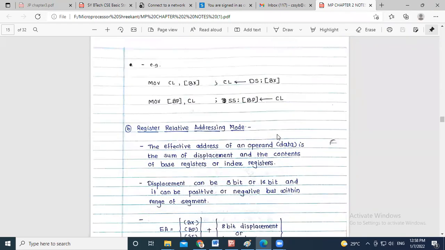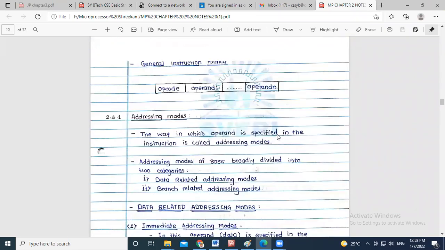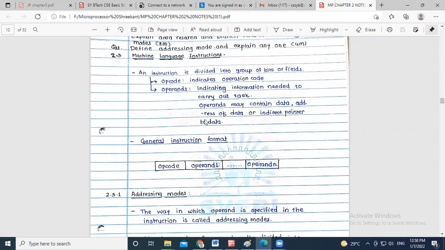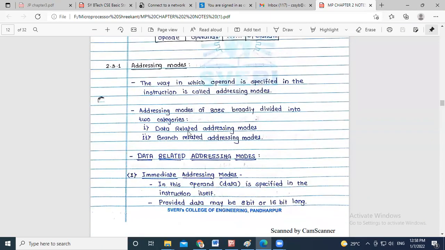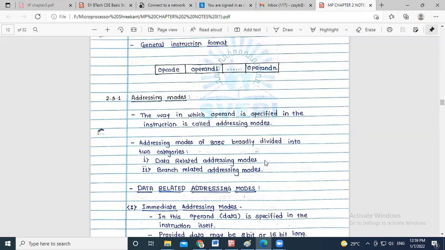In the data related addressing modes, just as a summary, there are 5 main categories. First one is immediate, second is register, third is direct, fourth is indirect, and fifth is implied addressing modes. Along with that, we have to check different kinds of operations, different instructions, and different kinds of problems. So this is all about data related addressing modes.